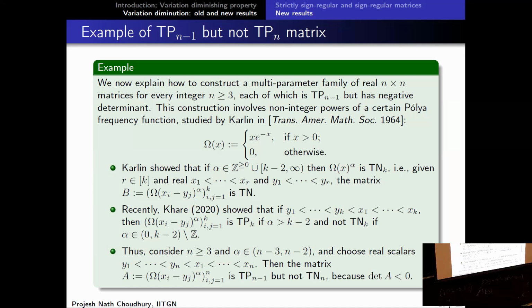That means this determinant must be less than 0. So this example gives us a totally positive matrix of order n minus 1 which is not a totally positive matrix of order n. So in that paper, we have an exact example of this, instead of just the existence of an example.